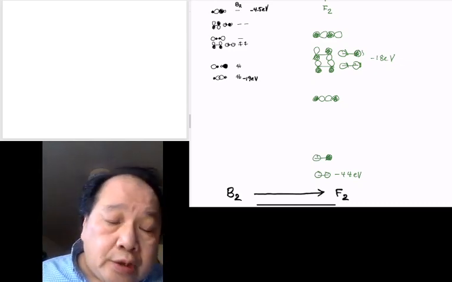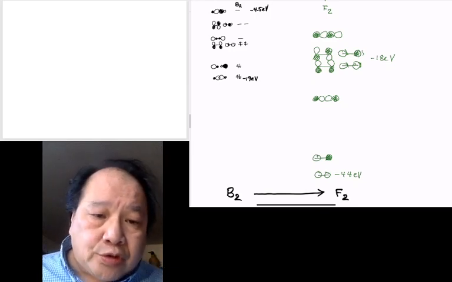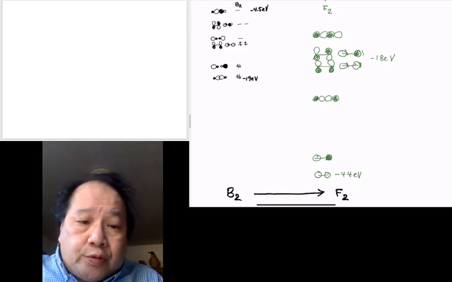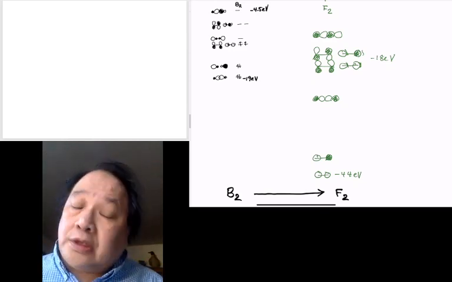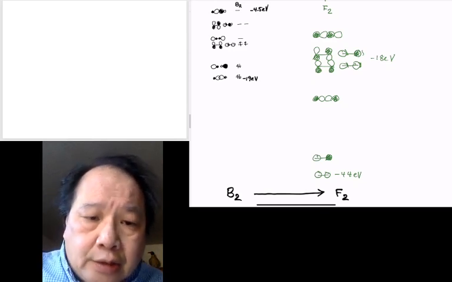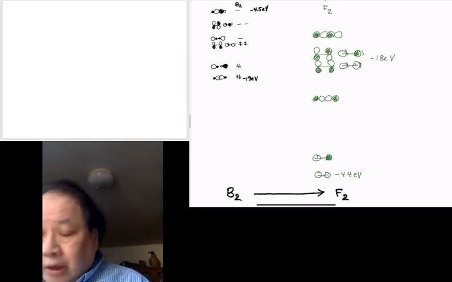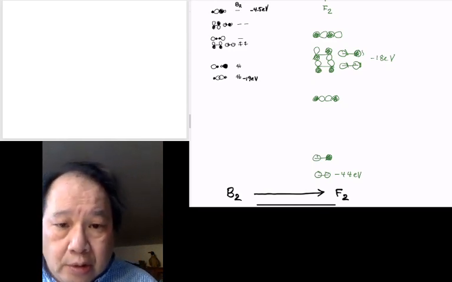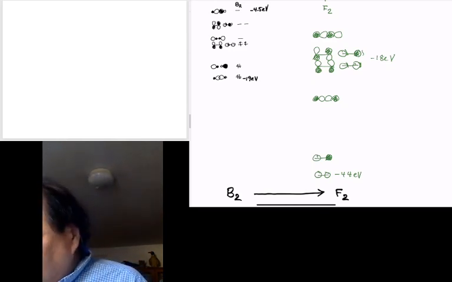Now, that's not a real chemical process. You can't just dump a little sprinkle of charge. This is a thought experiment. But B2, if you were just to dump in plus charges, would eventually turn into F2. And that means the MOs from B2, in this continual process of adding protons, should turn into the MOs for F2.